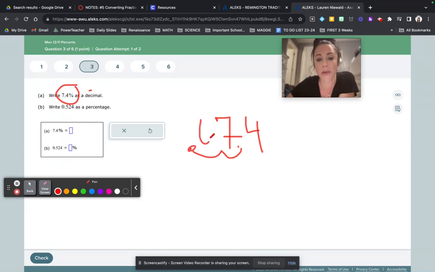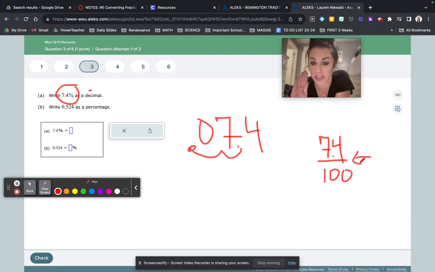Because if you think about it, we have 7 4/10 out of 100. And remember our main rule: when we say out of 100, this means divide. If we divide by 100, we would essentially get an answer that looks like this. We're just using the cheat method.